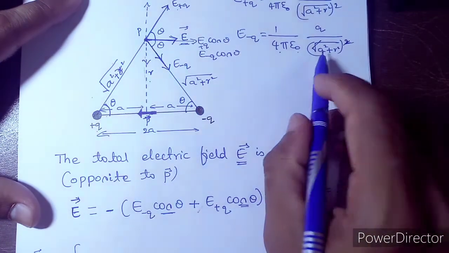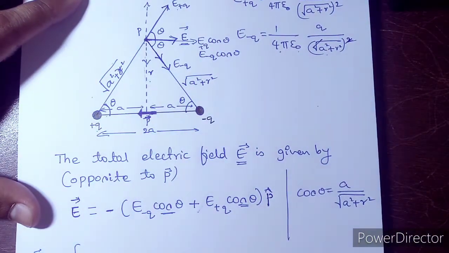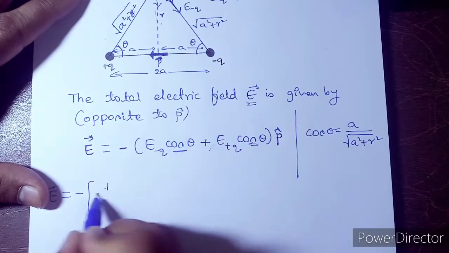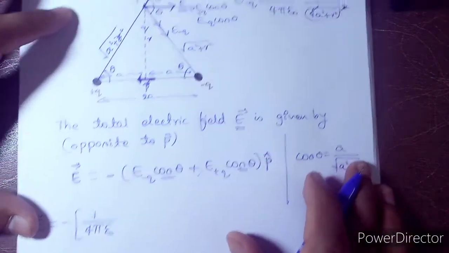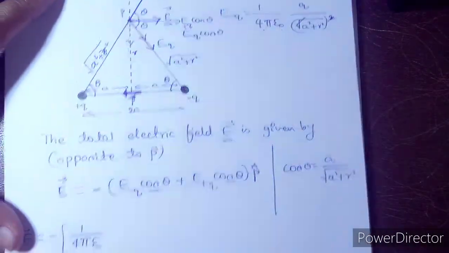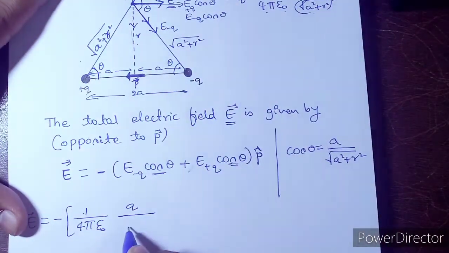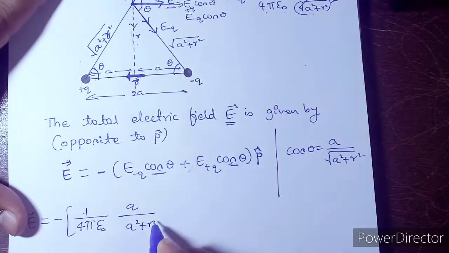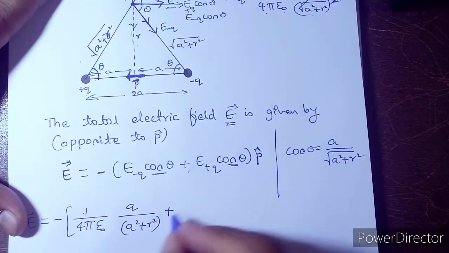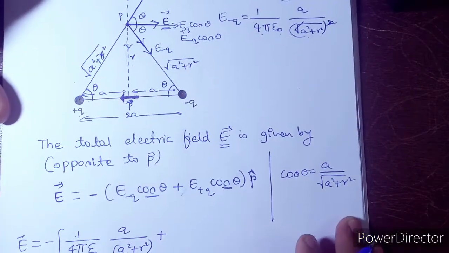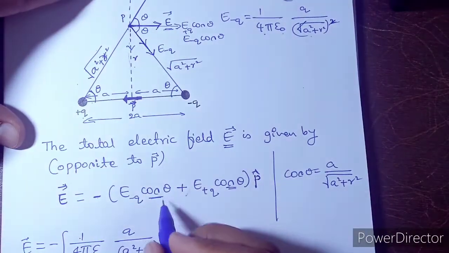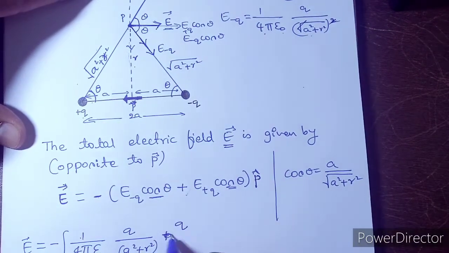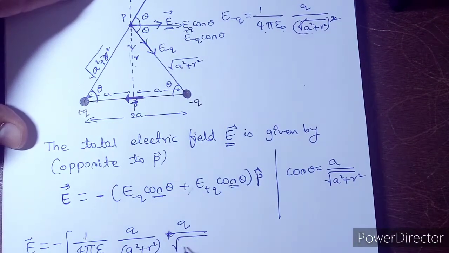So we'll be having 1 over 4 pi epsilon naught Q divided by a square plus r square, plus E plus Q into cos theta, that is a divided by square root of a square plus r square.